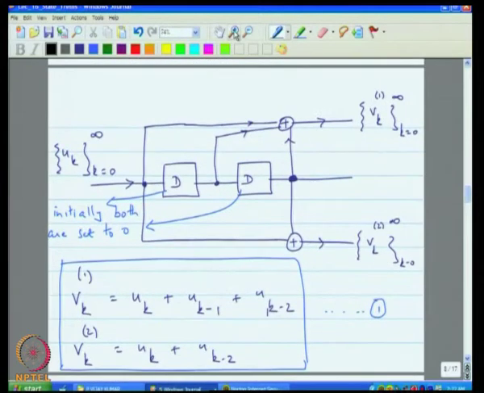So, if you like, you can think about this particular convolutional code where there is one input sequence and then there are 2 output sequences.